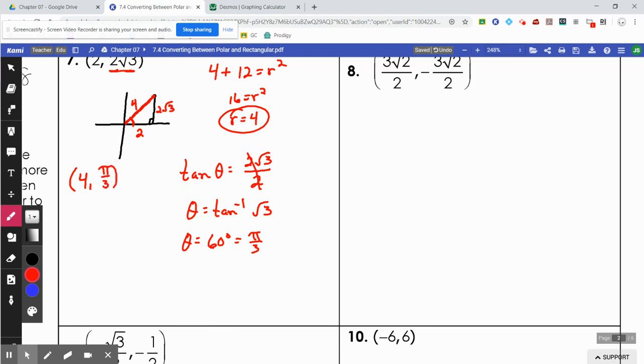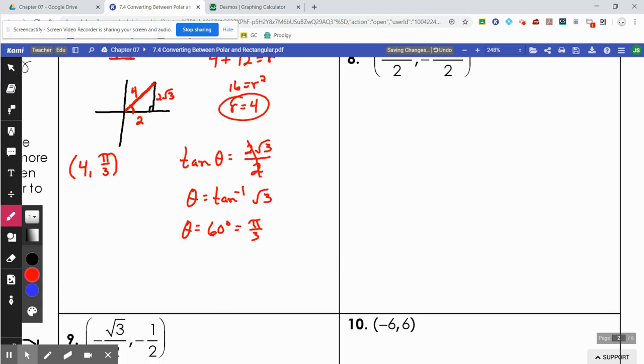However, there is another angle where the tan is equal to root 3. That other angle would be a third quadrant angle. But the only problem is this x and y should be in the first quadrant. So what we could actually do to find this other angle, again, we could use that reference angle.